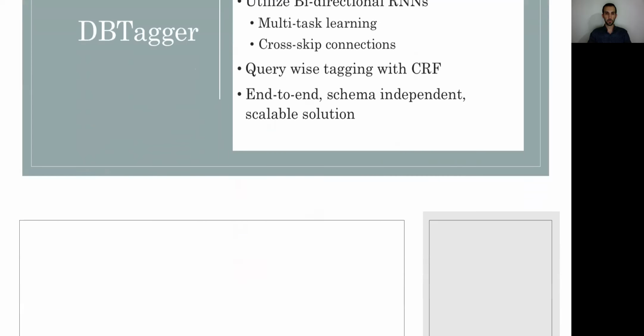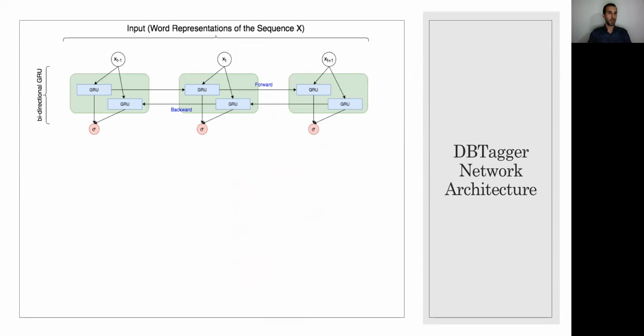Here, we will present the neural network architecture of DBTagger. Here you can see there is a bidirectional encoder, which encodes the input into latent space so that it can be used in the downstream task. This is the core state-of-the-art architecture for the sequence tagging problem in NLP.